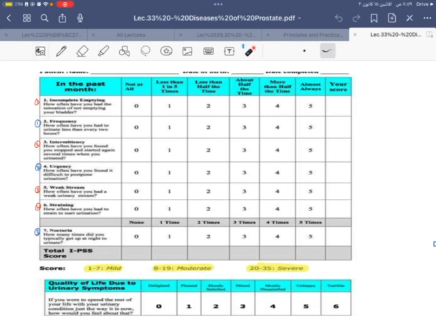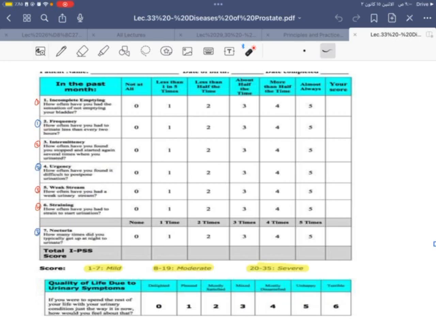How do you assess? For example, you have to ask your patient an open-ended question as a history taker. Ask him about the last month, how is his urine stream? He says, well doctor, it's weak. Every time I go to the bathroom the stream is weak. Every time I go to the bathroom, it's always so, it's 5 out of 5. If it's not present, 0. If it's half of the times he's going to the toilet, it's 3.